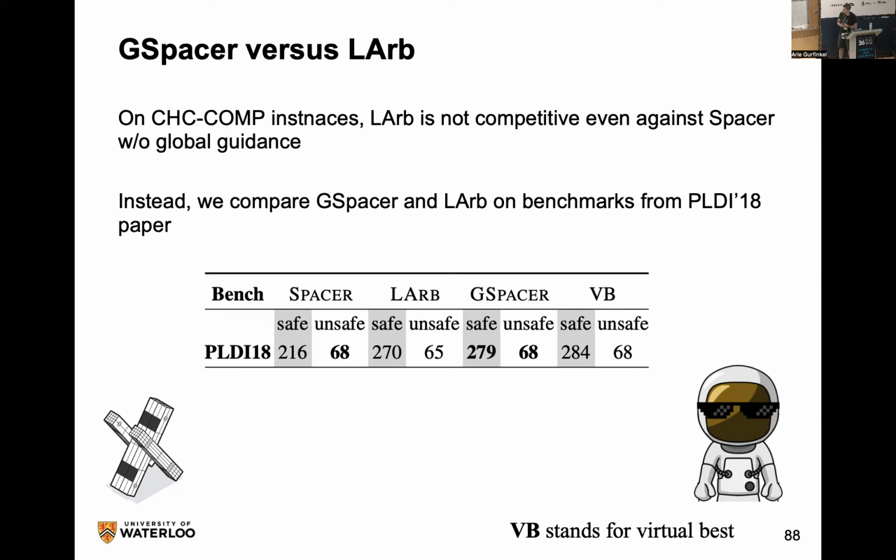So I think we do 2016 safe instead of 270. But as soon as we add this global guidance, the picture changes. Spacer remains as competitive as it was on a wide variety of benchmarks, and also on these particular ones that were crafted to exploit these problems with interpolation, it now behaves quite well.